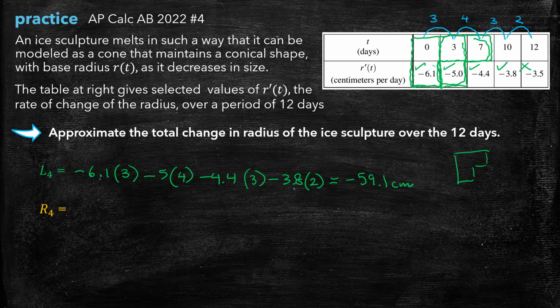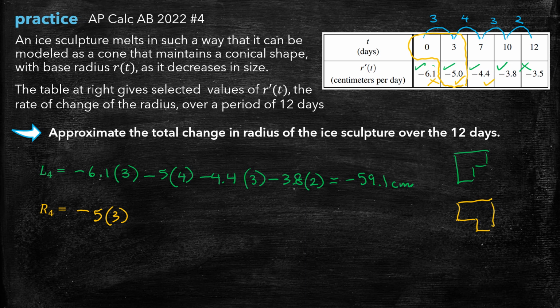Now let's look at it with the right values. When we're using the right ones, remember, we don't use the first value, but we are going to use the negative 5. But that's going to apply to the interval of 3. So now I'm creating little, almost like Tetris pieces that are oriented that way.